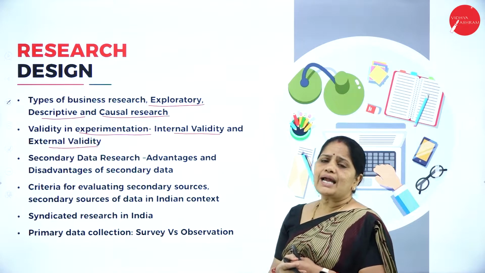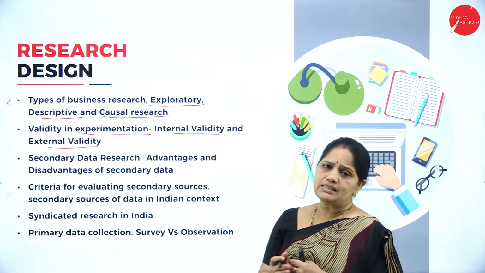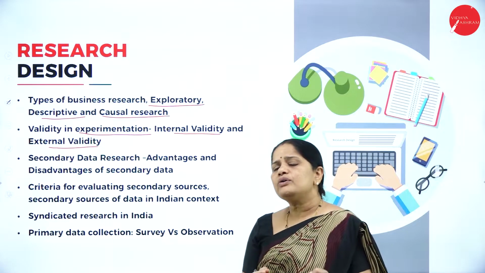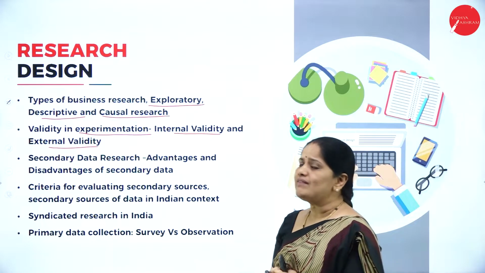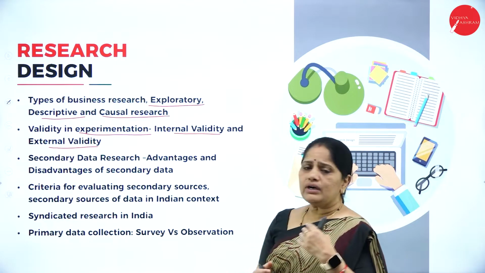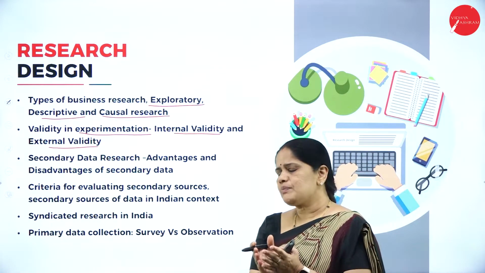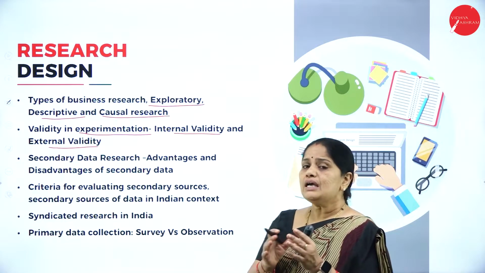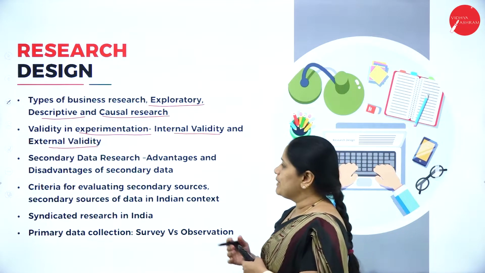Now, you try to experiment. What is the experiment you do? You conduct a survey of people and find out the answers from the people themselves, and then you try to validate the reasons you have given. What is the problem? What is the solution? All this we will be learning in validity in experimentation.